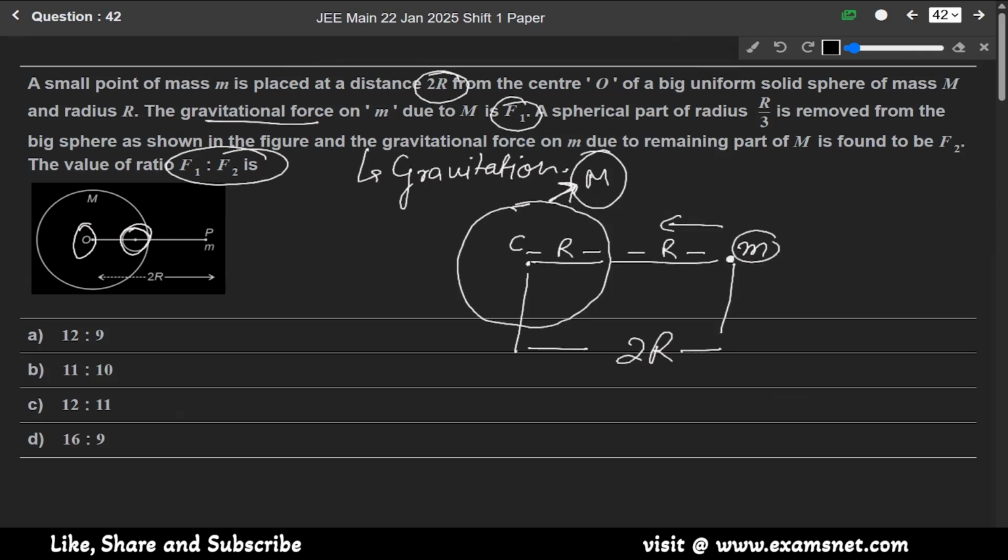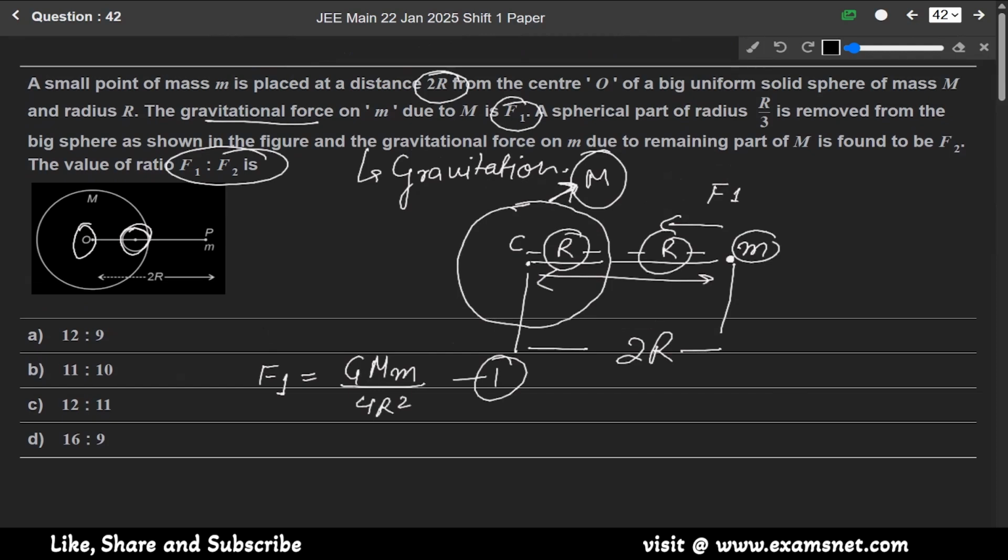So F1 will be equal to G capital M small m over the distance squared. The total distance is r plus r, which is 2r, so 2r squared means 4r squared. Let us say this is equation number 1.